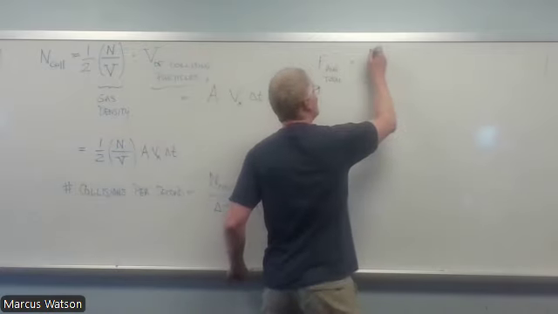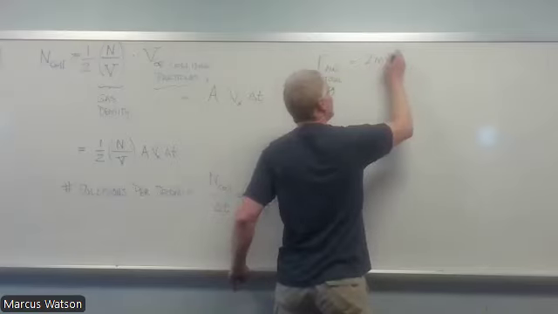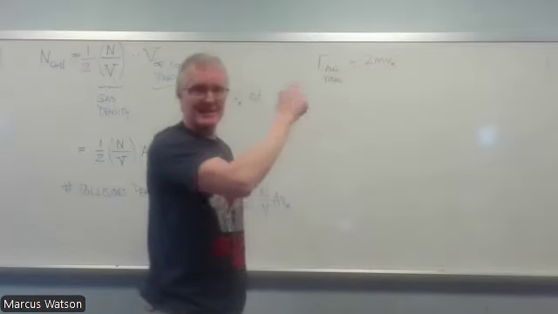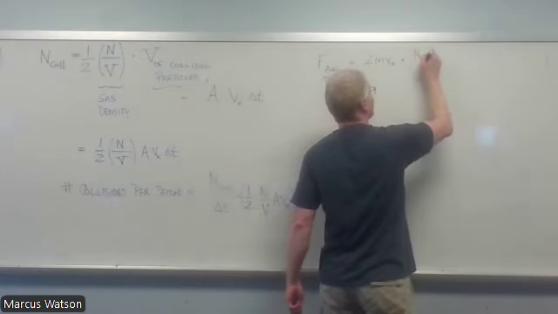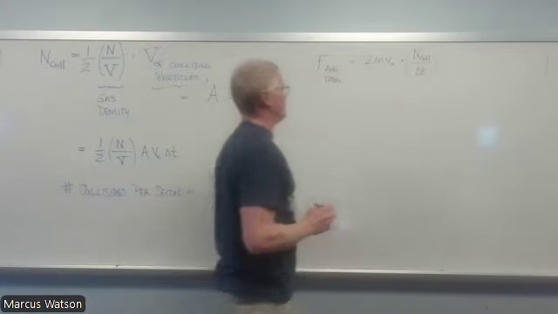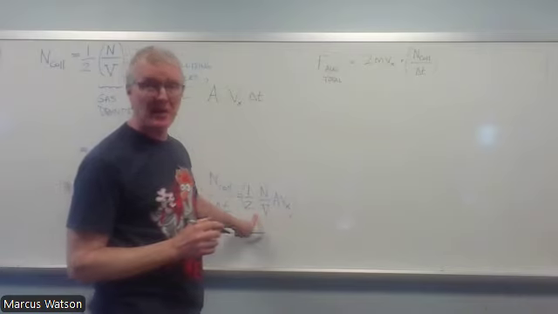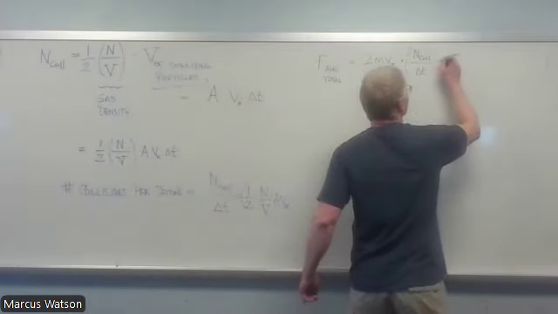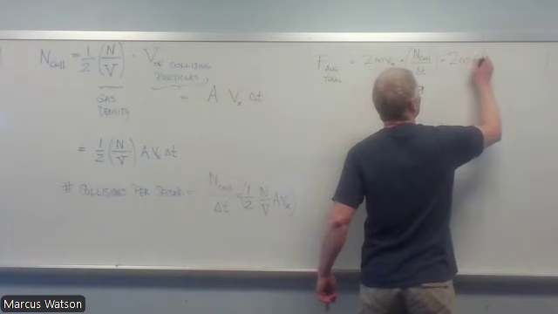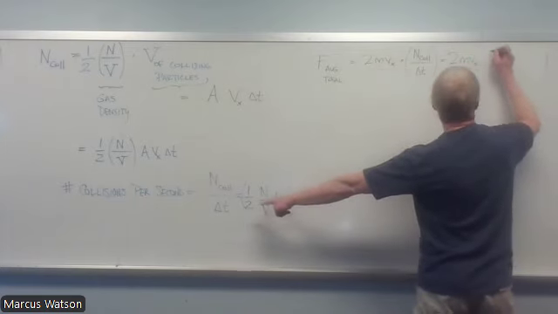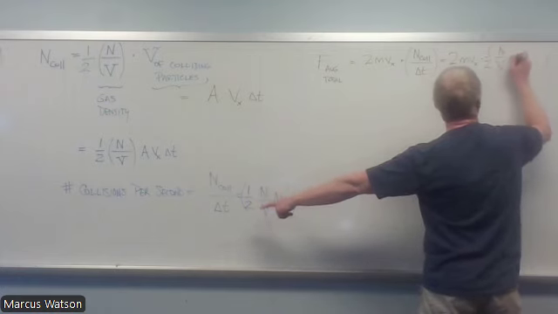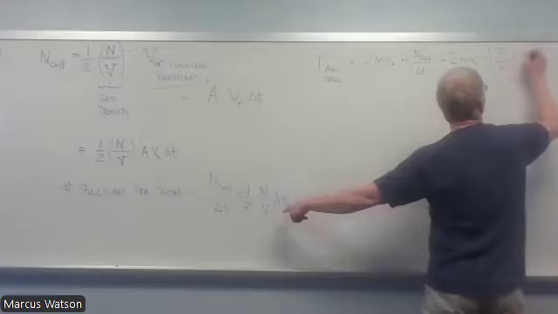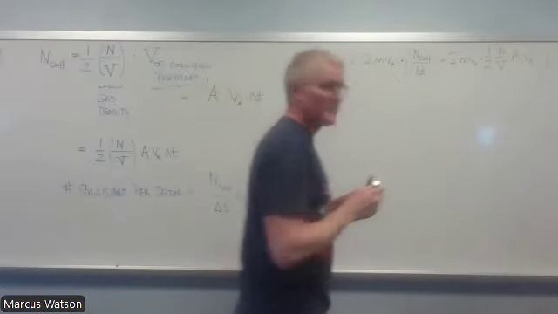So that was 2 m vx divided by delta t, right, times N collision. But I'm going to move the delta t over to underneath the N collision so that we have this. And I already have the expression for that now, which means I can just say it's equal to 2 m vx times this thing down here, which is 1/2 capital N over V, A and Vx. All right.